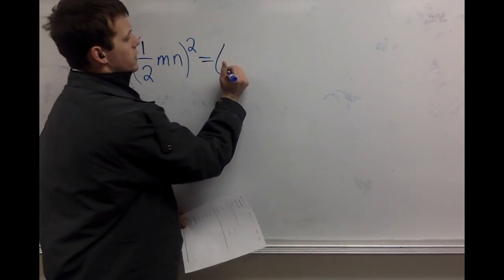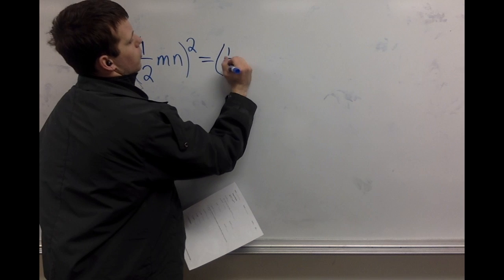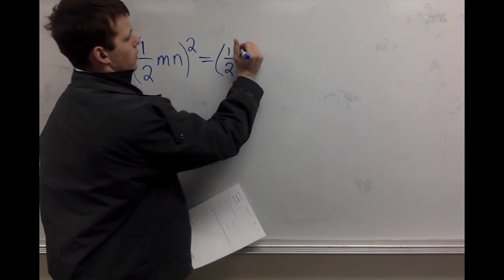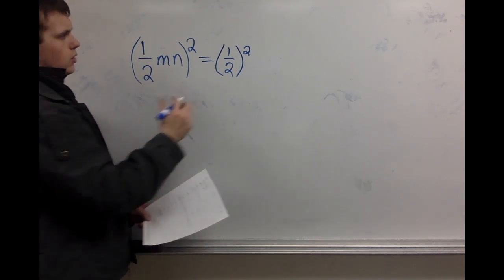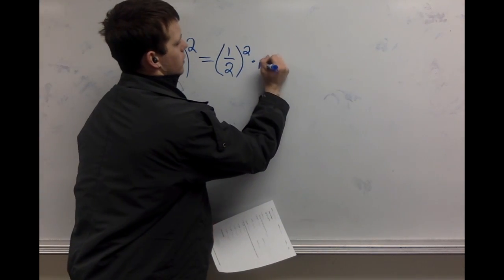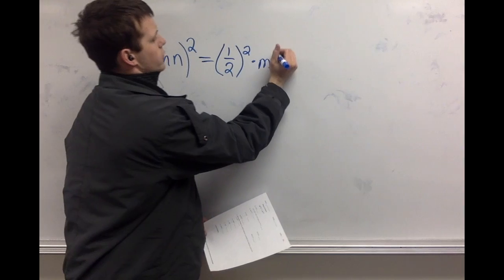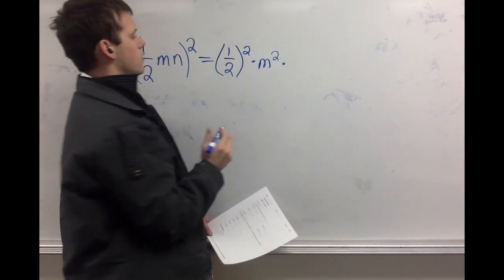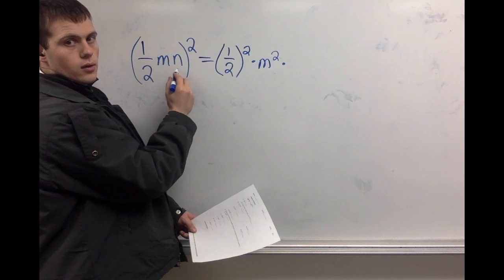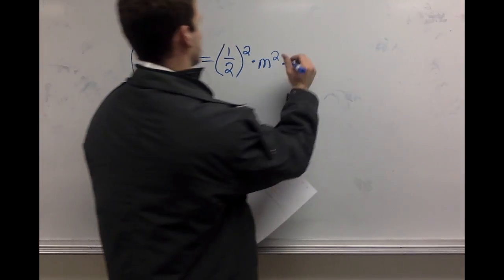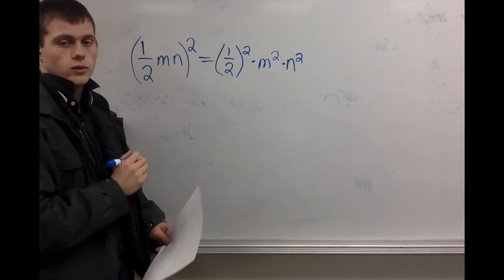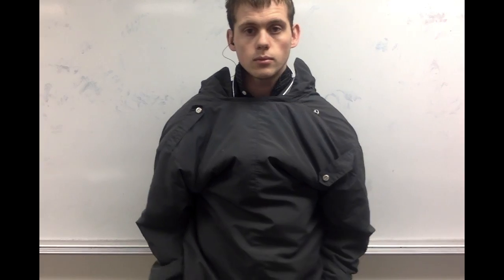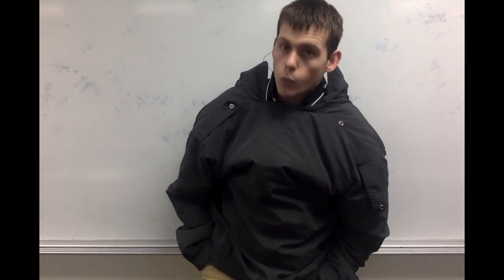So we just put our parentheses, 1/2 squared, times m squared, times n squared. And voila.